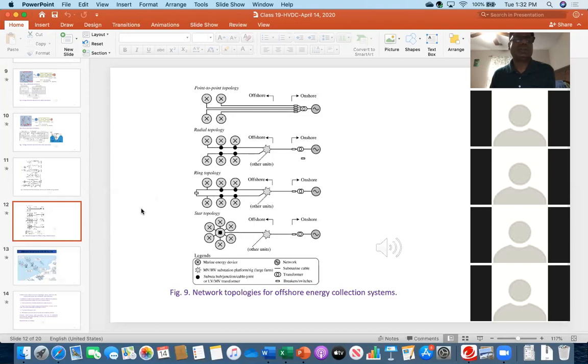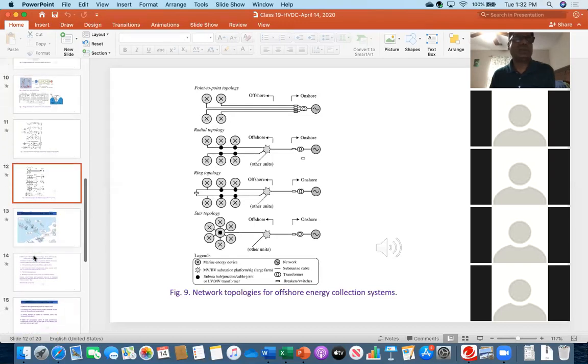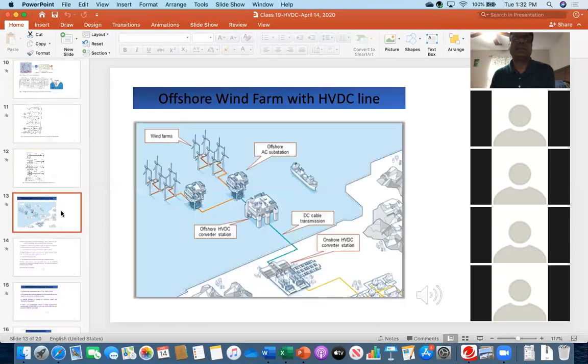Now, moving forward, as I said, we will be concentrating on the HVDC portion, that is, the offshore wind farm with an HVDC line. Whatever the technology is, whether turbine type, buoy type, or oscillating water type, all are collecting energy.